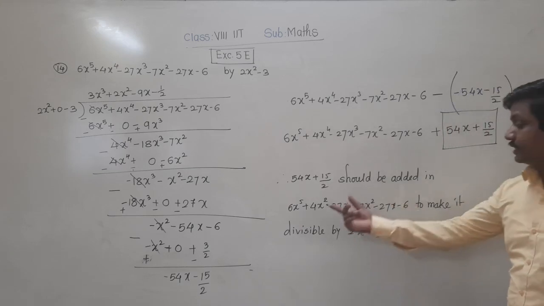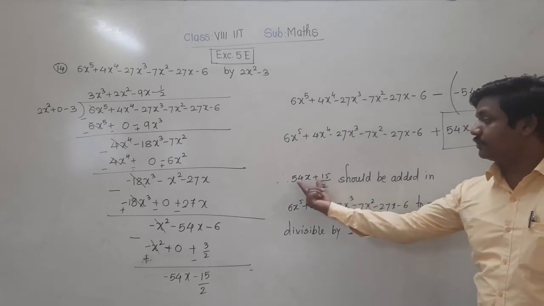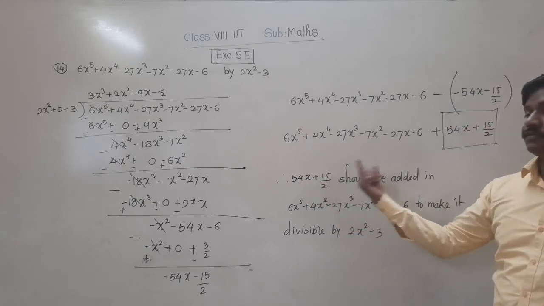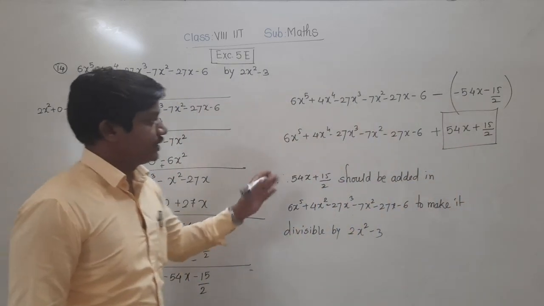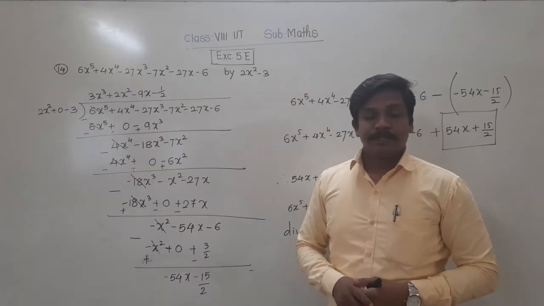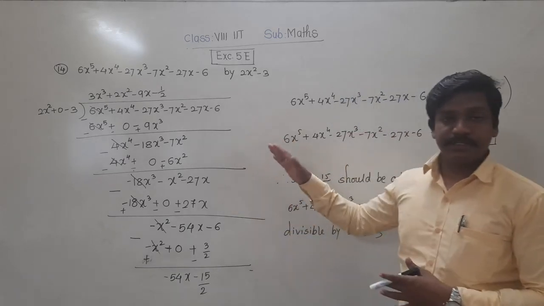Understood? So to make this divisible by this number, we need to add 54x plus 15 by 2. Understood? Okay. So write this example in your notebook. I hope you have understood these two examples.